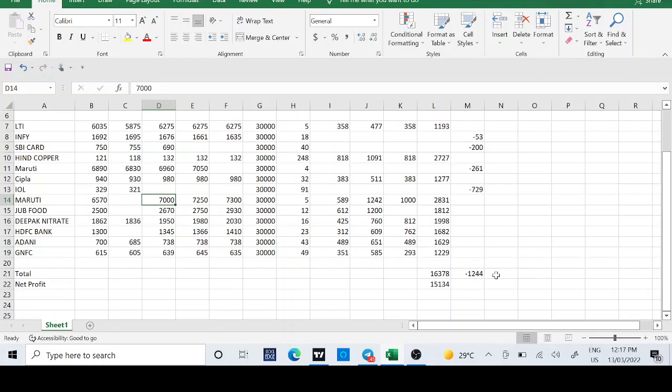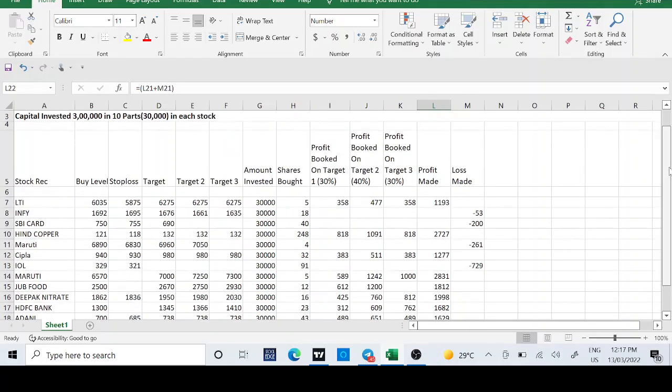Considering all the cash trades, aside from the future or option trades, if somebody has traded in almost all the calls in the pro group, starting from 4th March, in 9-10 days they could have made a profit of 15,000 on an investment of 3 lakh, because once your call closed, you rotate to the other, and this way it keeps on happening.